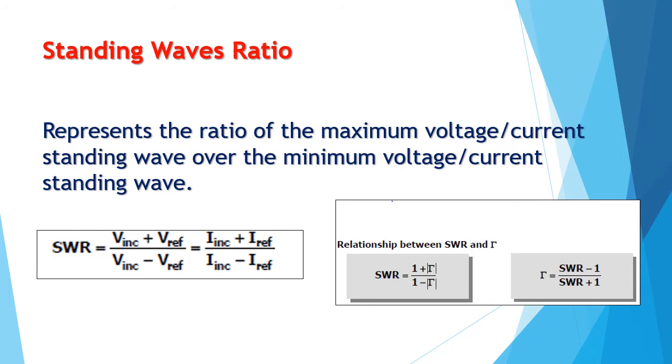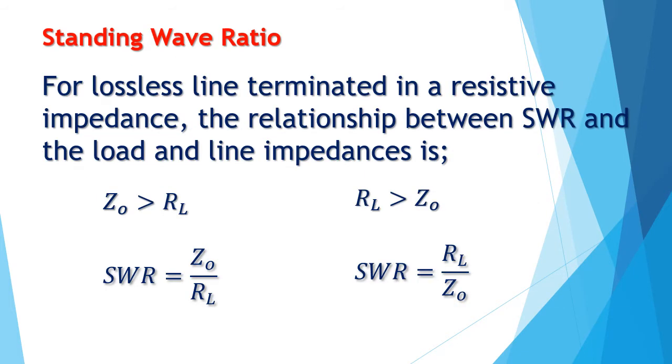Hence, we have the formula reflection coefficient equals SWR minus 1 divided by SWR plus 1. For a lossless line terminated in a resistive impedance, the relationship between SWR and the load and line impedance is given by these equations.